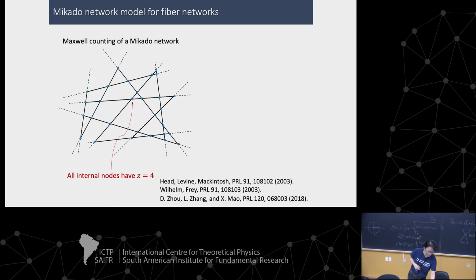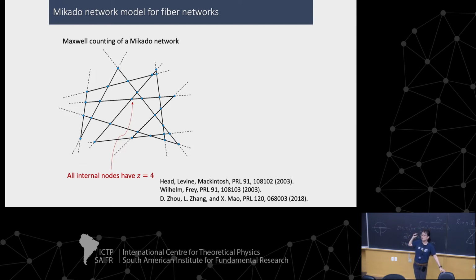In particular, we know that the internal nodes have coordination number 4, where if you have an infinitely large fiber network like this, it's supposed to be exactly Maxwell. However, if you have finite size, the nodes on the outside of the lattice will have fewer coordination, and that places the whole material slightly below the Maxwell point, so you'll have some floppy modes.